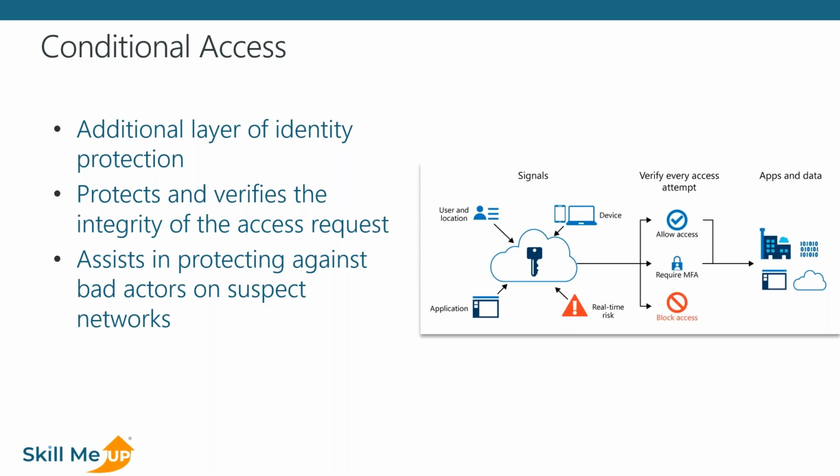If that is something that you have a difficult time getting your user environment to embrace, then you could build these conditional access policies to require that multi-factor authentication instead, where only when a certain risk condition is triggered do you require that multi-factor authentication to gain access to the network and the apps and data that they need.